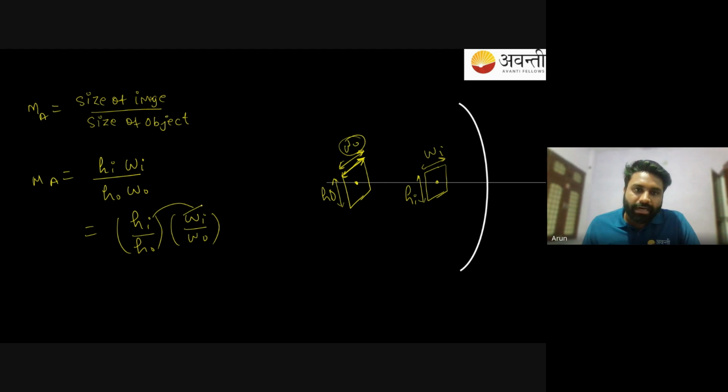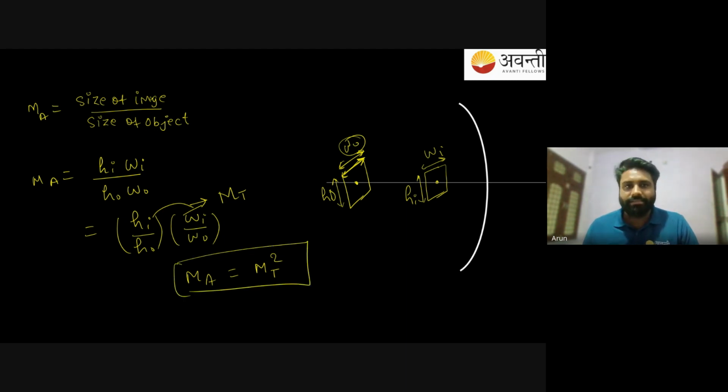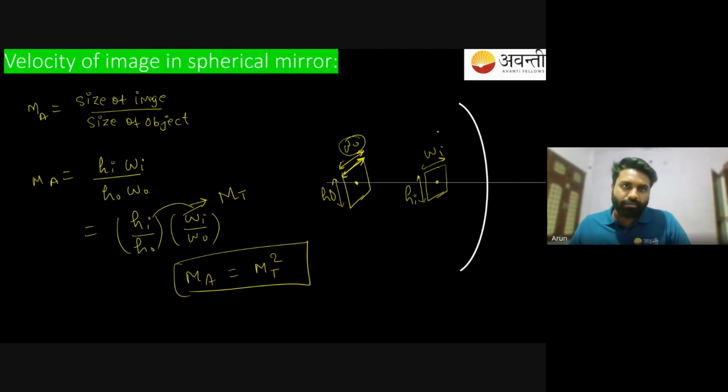So here both are MT, transverse magnification. So M aerial, very good, Shri Kruti Donpal, very good. That is why you are paying attention to the lecture. It's good to hear. So this MA is nothing but MT square in this case. I hope you have got this. If you have any doubt, you can ask.